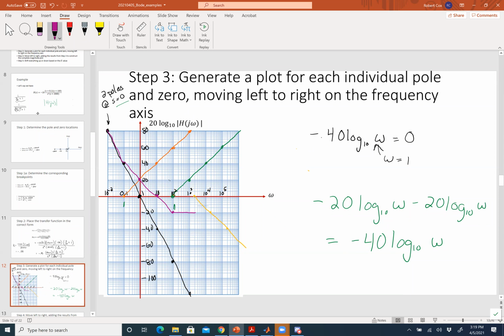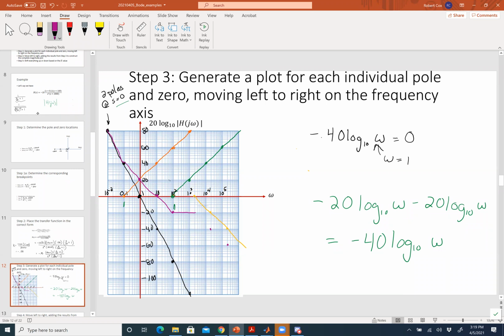At 2000, I hit another pole and I fall 20 dB per decade. That means I would be at negative 40 here at 20,000, and at negative 60 there at 200,000.